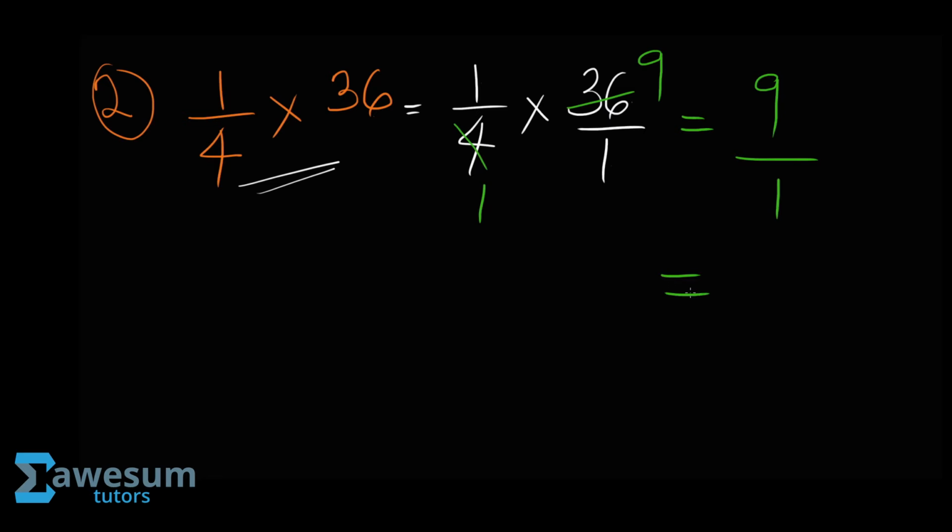So if you take a look at this, 9 over 1 is the same thing as 9. So my final answer is 9. All right, let's take a look at another example to still better understand these concepts.